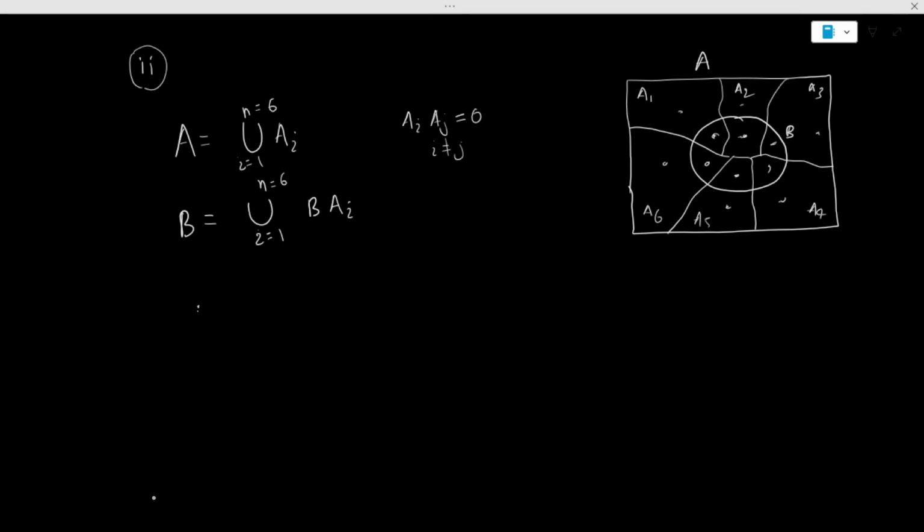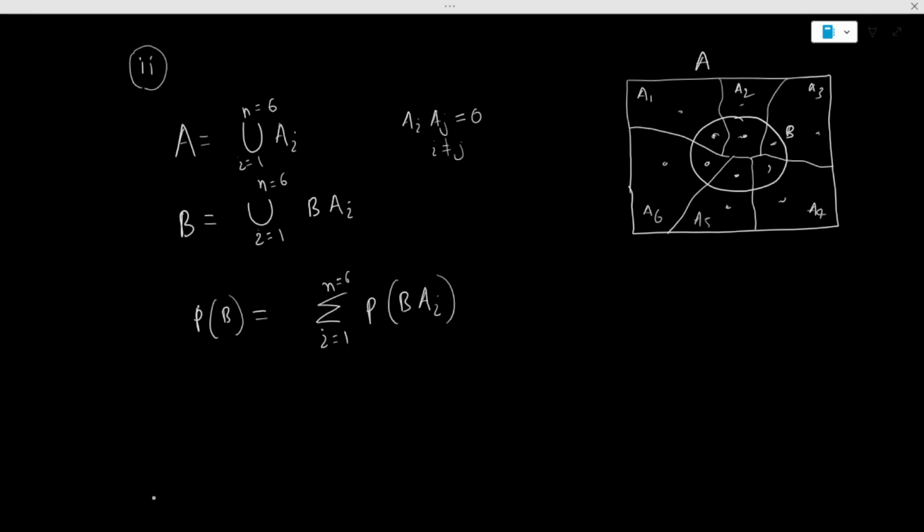So let us apply the probability rule for B. Probability of B is equal to, since there is a union, we add them: the addition of the probability of B and Ai, where i is equal to 1 to n, where n is equal to 6 for our case.